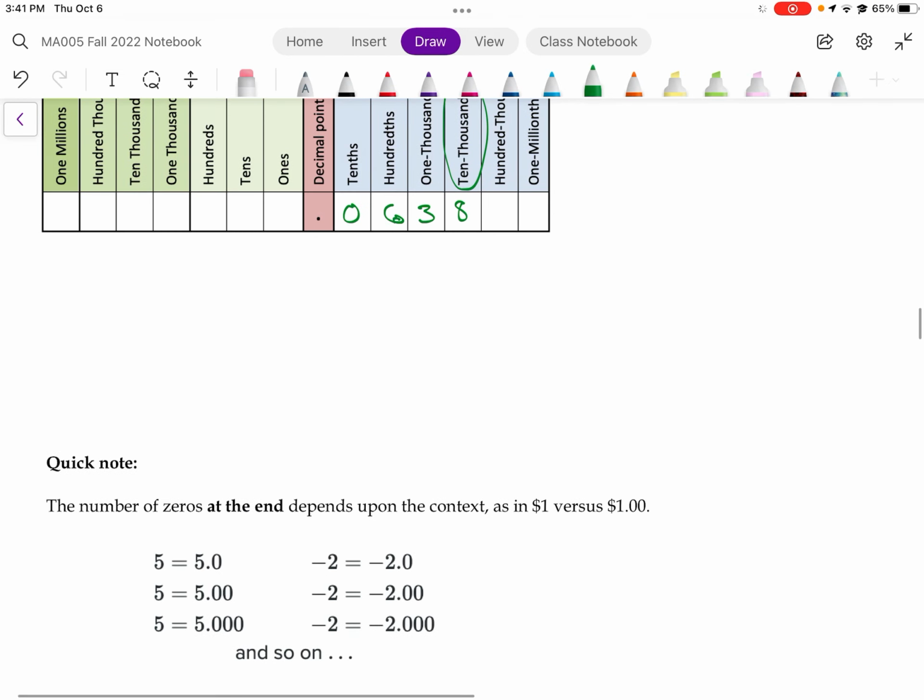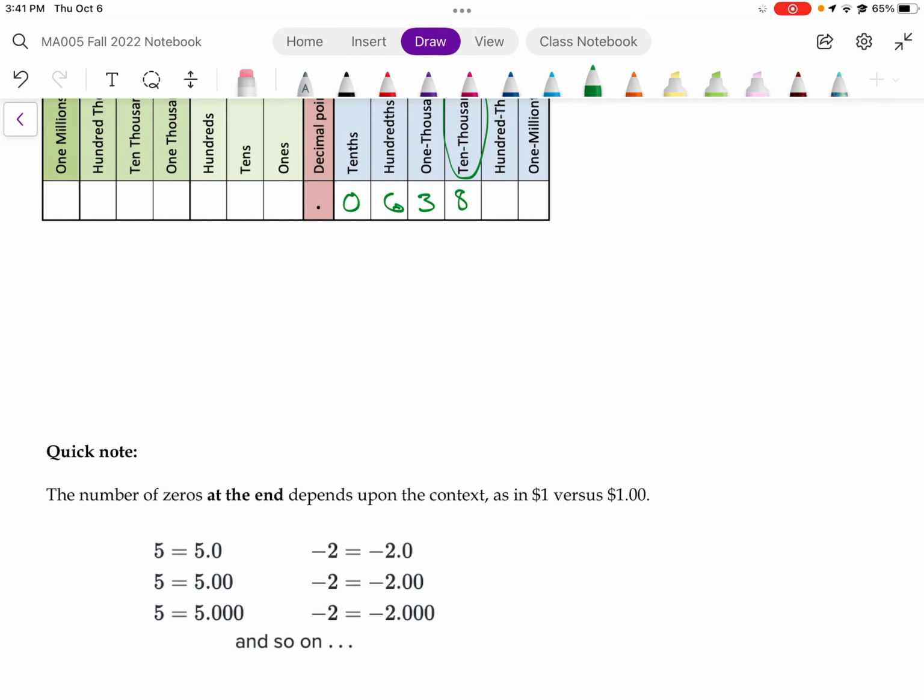So, quick note: the number of zeros at the end depends on the context. So if I said $1 and I was dealing with cents, I would have to put the cents there. Would you ever say $1 with more than 2 place values after it? Probably not.